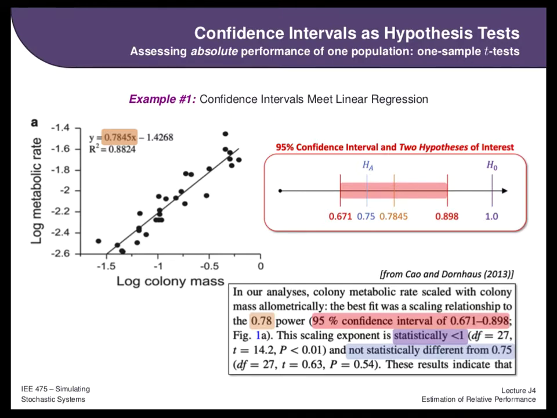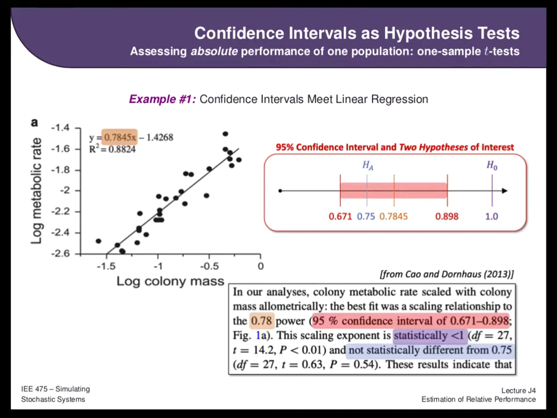So they're already telling me that this is our point estimate, but in reality, it could be really anything in this interval. But then they go farther than that. They take this graphical interpretation, and this is the standard way you would present this. They even do a little bit extra that I say they don't even have to do. But they say this scaling exponent is statistically less than 1.